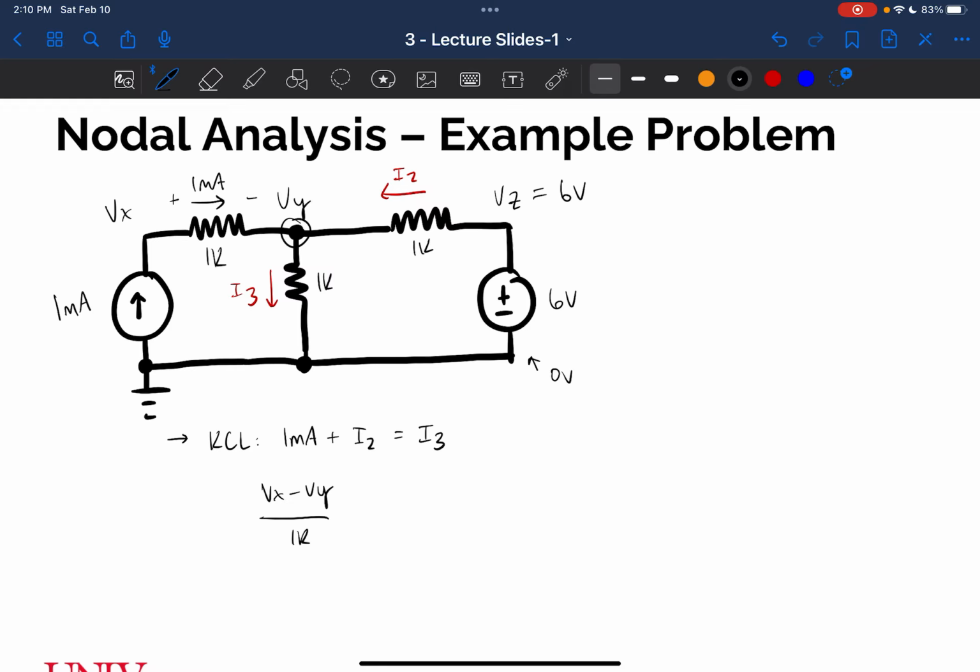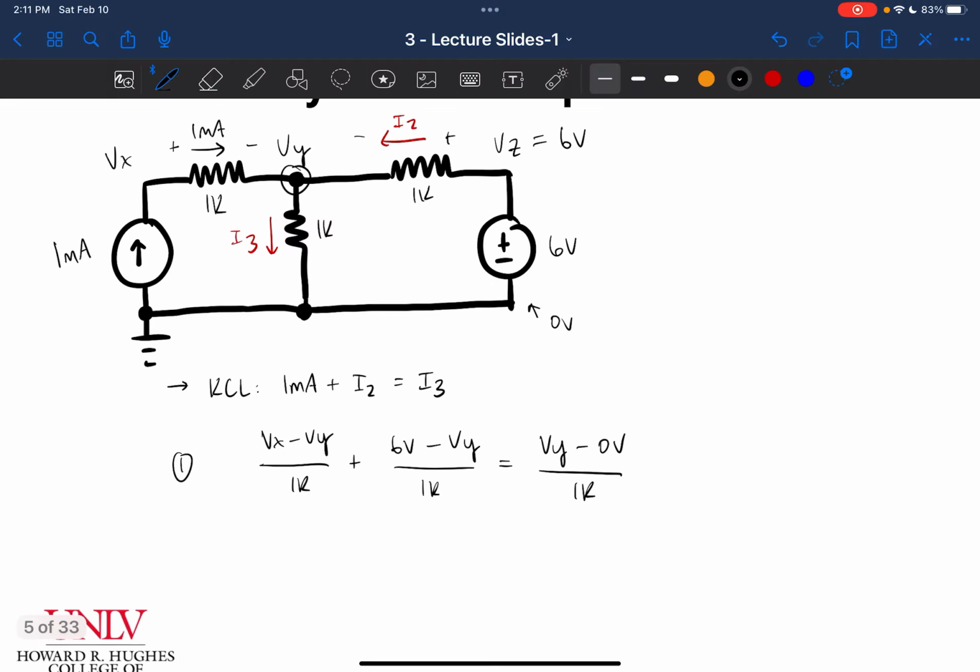That's my voltage drop across my resistor divided by my resistance, plus I2, which is going to be 6 volts minus Vy, right? I'm going this way, divided by 1K. And then I can set that equal to I3, which is going to be Vy minus 0 volts, divided by 1K. All right, so we've got our first expression here.